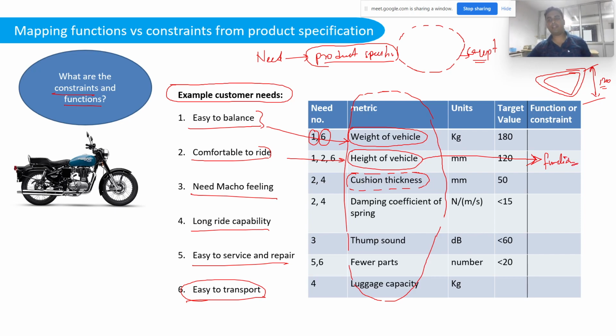Because by modifying the frame, we can come up with that particular height. Similarly, cushion thickness we can achieve by changing the foam design, or by considering a particular thickness of foam.